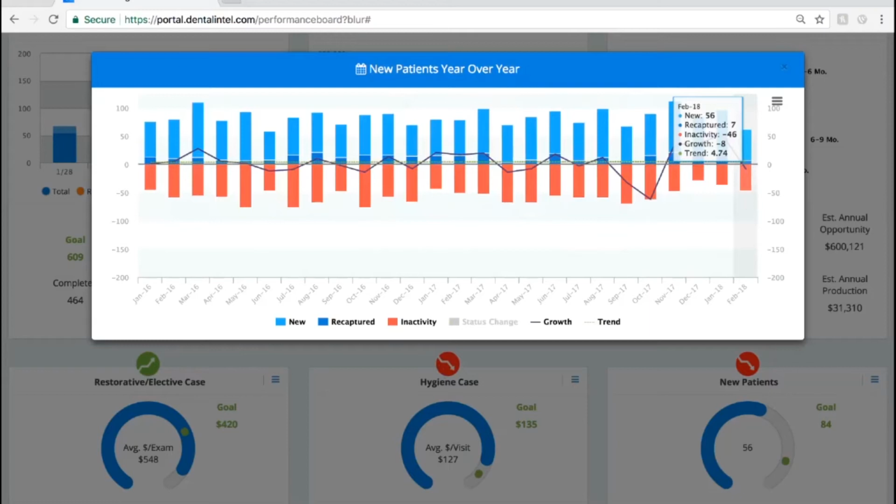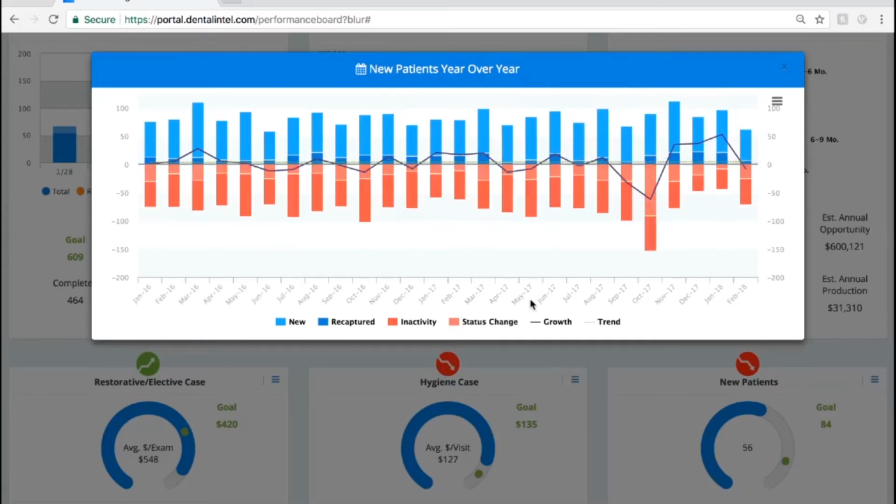Right. And let me give you the kicker here. This isn't true for every practice, but when you take that report and start looking at the number of inactive patients, which you can see is 46 here, you're losing a lot of fee-for-service patients, because some PPOs force patients. Remember, one of the benefits of being on a Delta PPO or lousy PPO is that you're being forced and reminded to be regular in a dental practice.